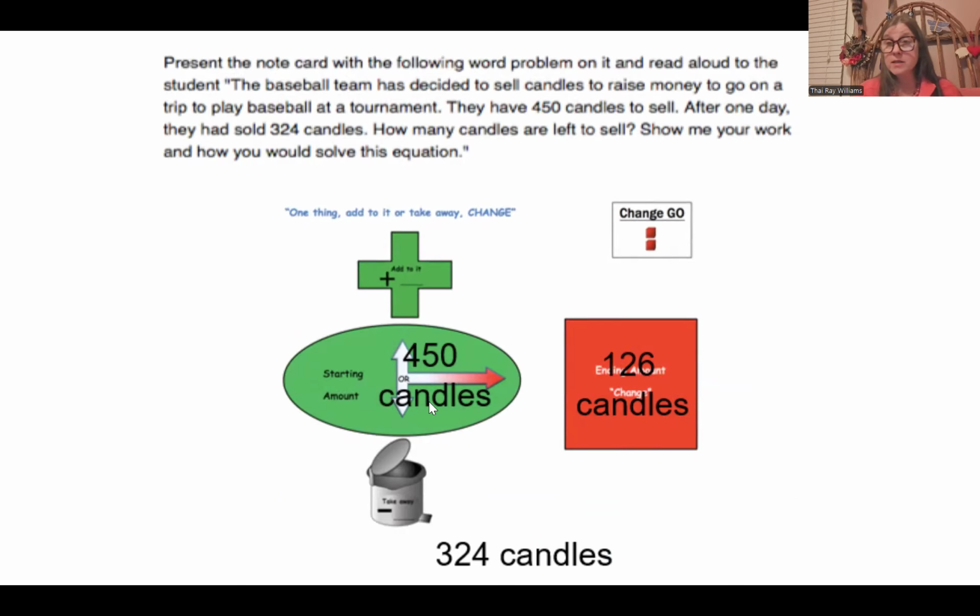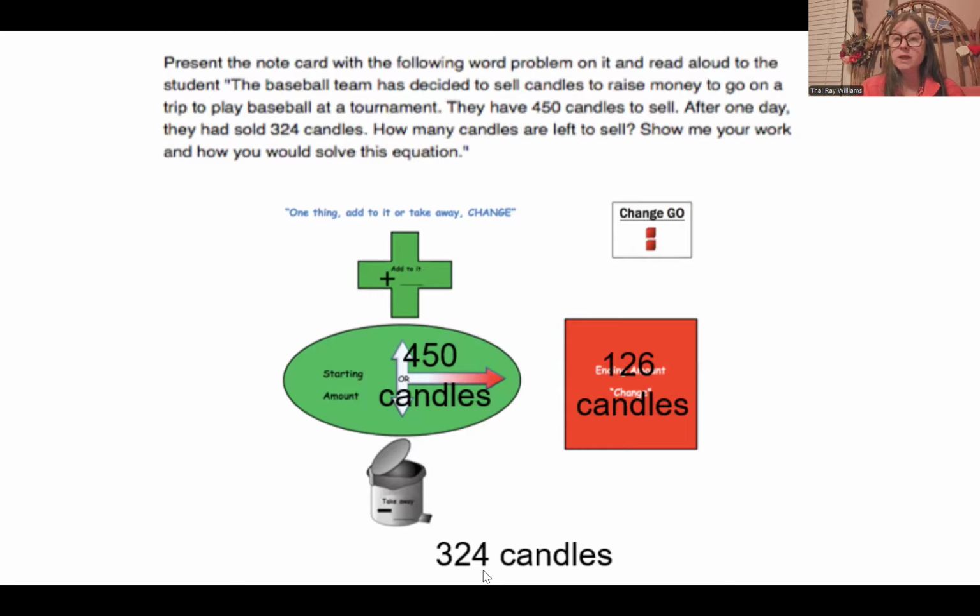In this case, it's a subtraction change problem. We had 450 candles. We sold 324 candles. Take away change. What you would teach them to do is put 450 in the calculator. We're doing take away, so we click on the subtraction button and subtract 324 candles.